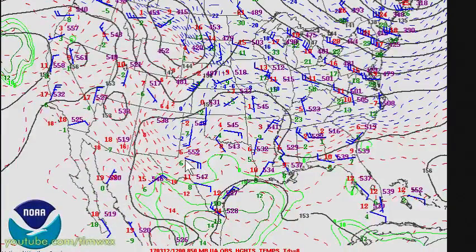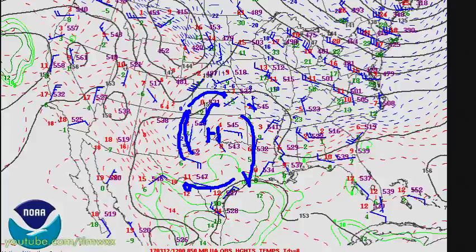So we can see a very weak southerly flow here on the west side of this high pressure area. Little weak polar high over Texas right there. We've got this northerly flow around the east side. And we can see this clockwise turning here around this high.